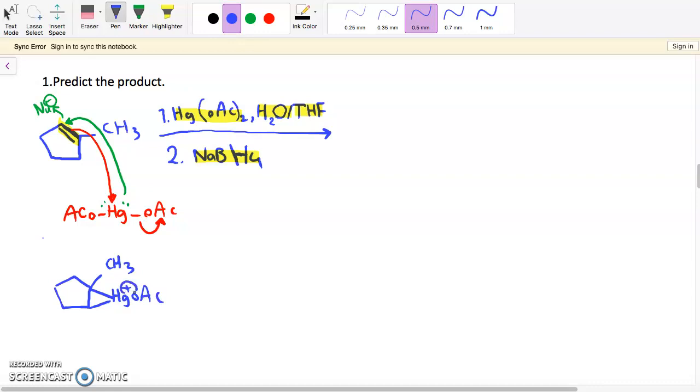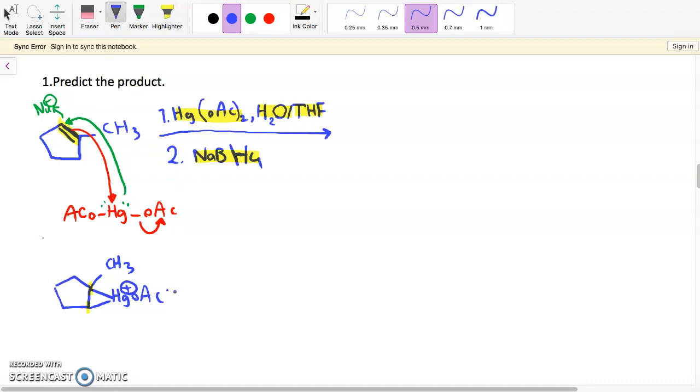Okay, so one of the things that you should always look out for when you're drawing a reaction mechanism is whether or not there's a stereocenter. If I look closely, there's a stereocenter right here and right here.